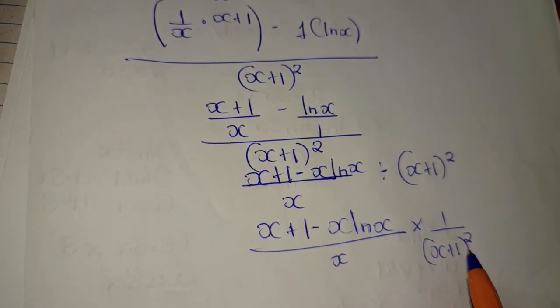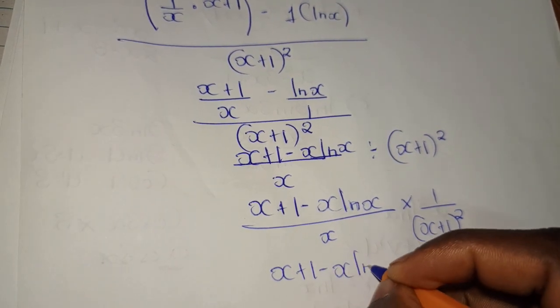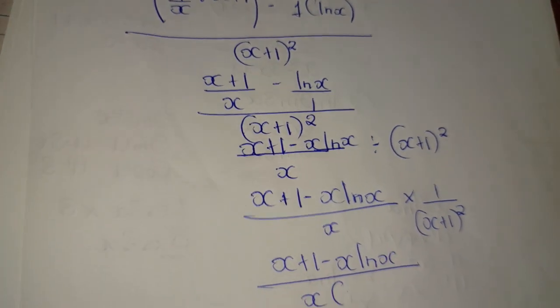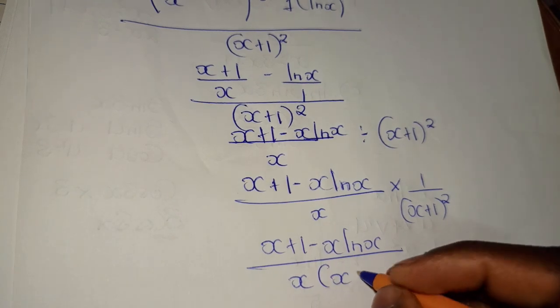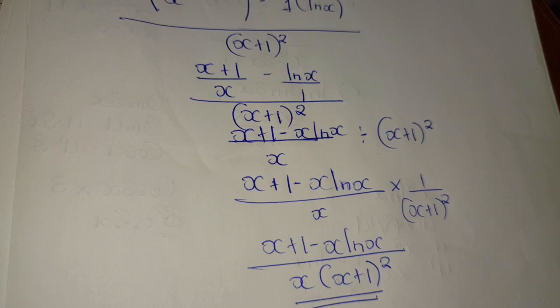Then from here you just multiply this with that, and you will have x plus 1 minus x ln x over x open bracket x plus 1 squared. So this is the derivative of that function.